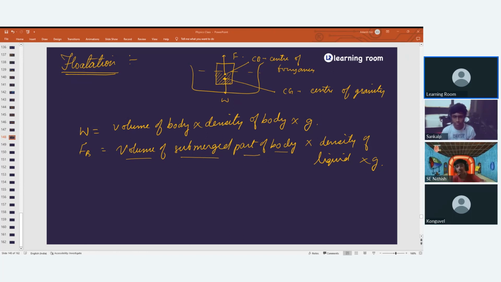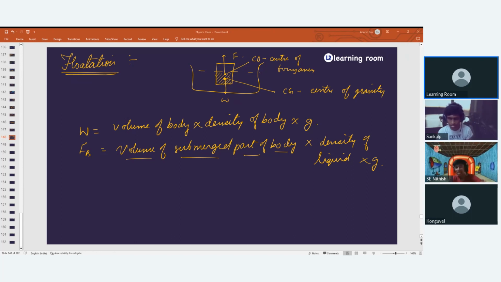In calculation of the weight of the body, we took the volume of the body, density of the body, and g. But for thrust, we are taking the volume of the body that is submerged and multiplying it with the density of the liquid. How is that related? Sir, volume of the body into density of body is basically mass.